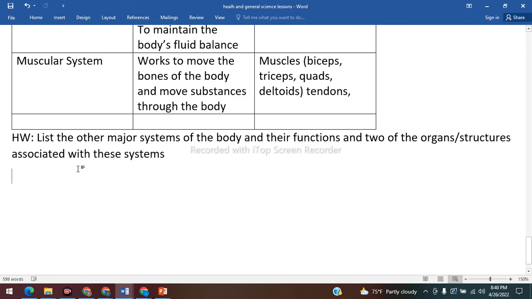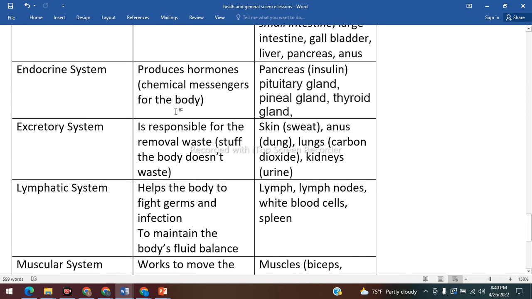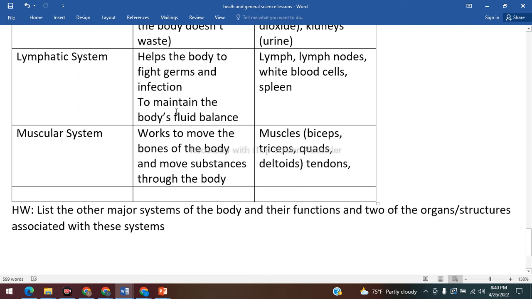I told you all to finish up this homework. I told you to tell me the rest of the systems. You can remember? Yes, four of them that I didn't mention. What four did you do? The reproductive system. Good.